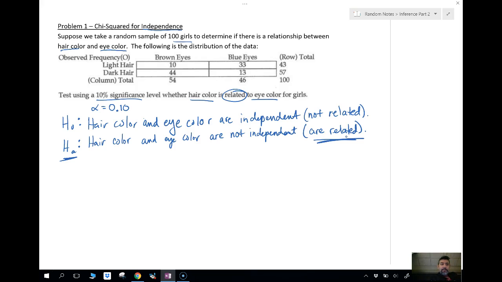What comes next? Conditions. Perfect. Our first condition? Random sample. If there's one thing you're going to leave this class knowing, it's that the first condition for any inference procedure is random sample.